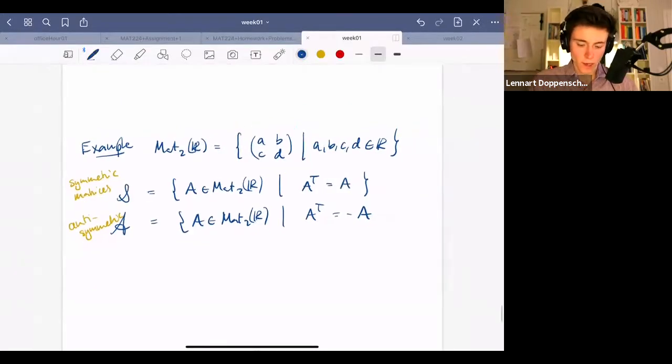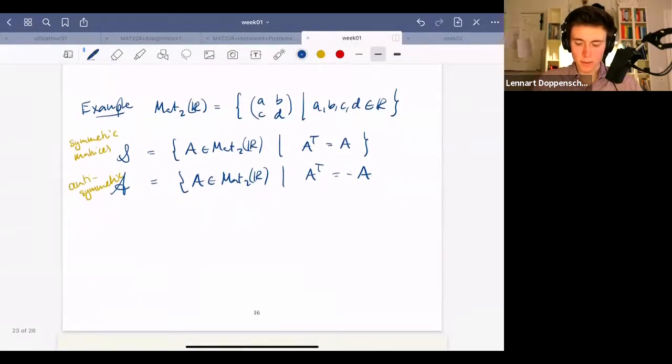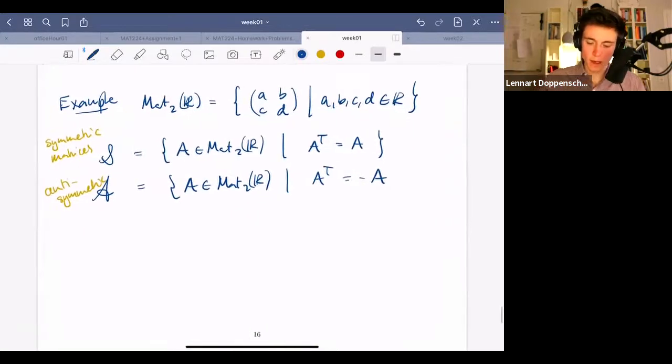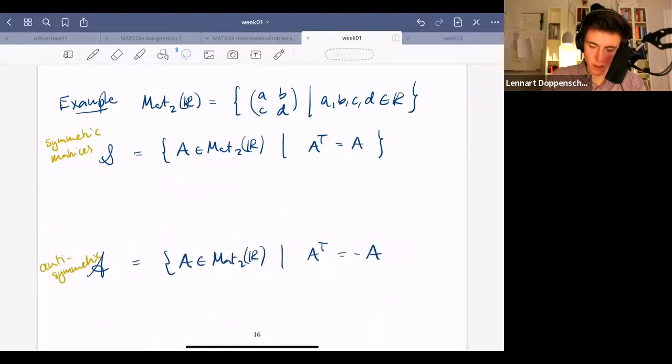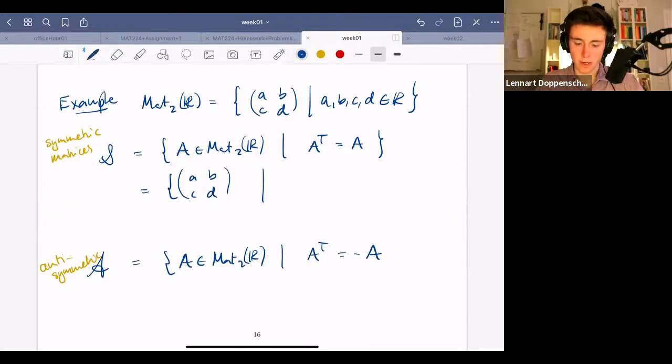Okay, why does this help us? Well, this is an example where, if you continue looking at what exactly this means, I actually need to tear this apart. This is the set of all 2x2 matrices satisfying the condition. What happens if we transpose? We just mirror them along the diagonal.